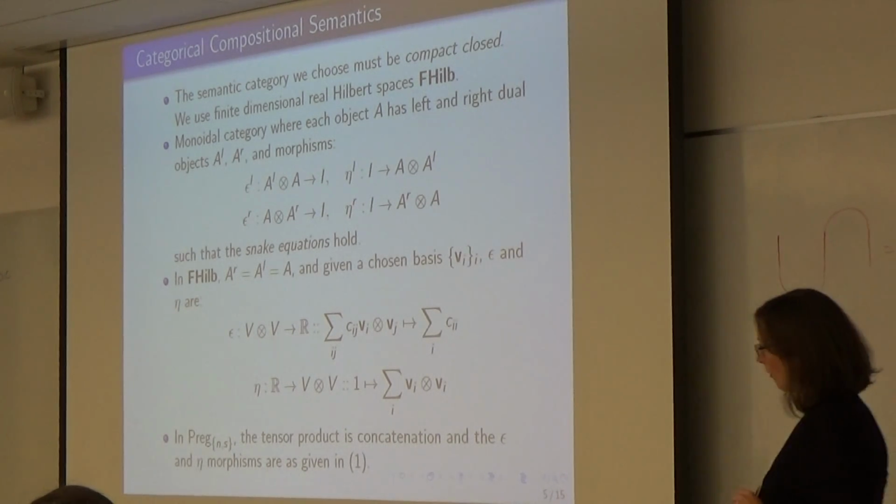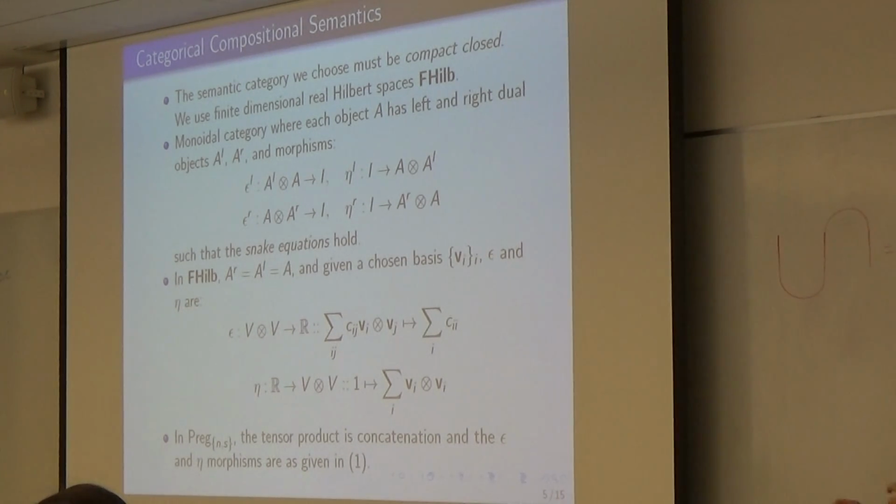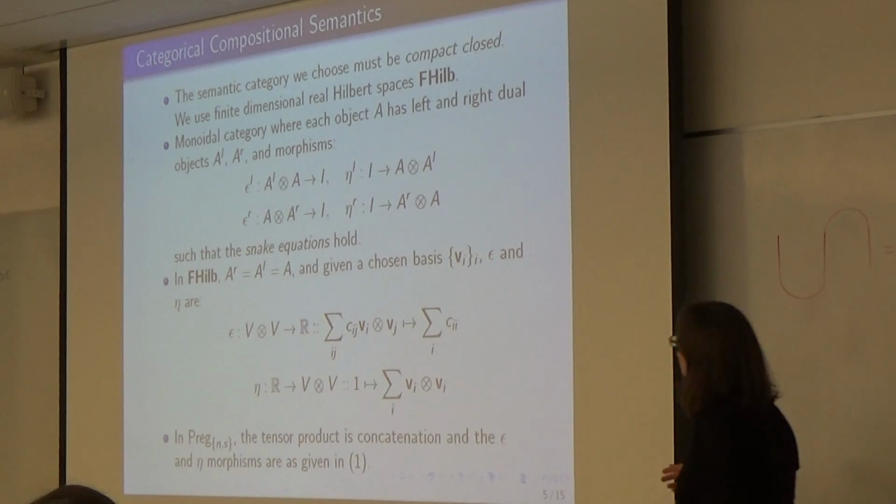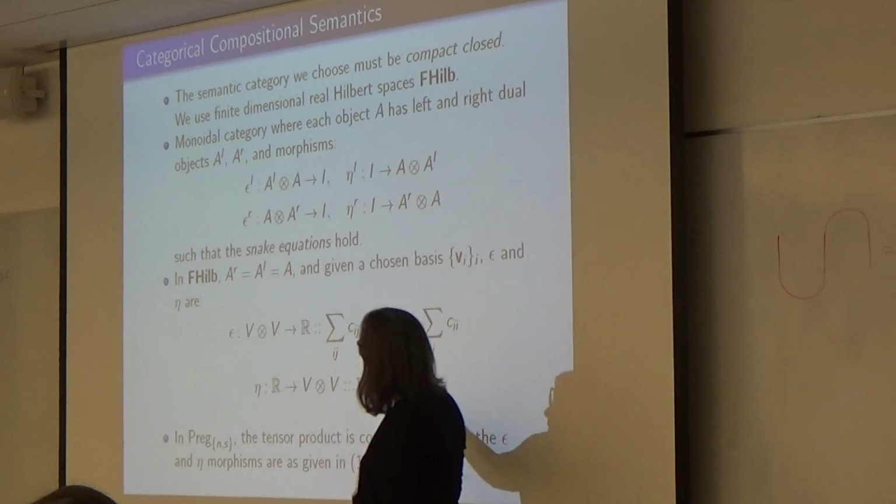So in finite dimensional Hilbert spaces, and we just work with real numbers, the adjoint objects are equal to each other, and they're also simply equal to the original vector space itself. And given a chosen basis for a vector space, we have the morphisms look like this.